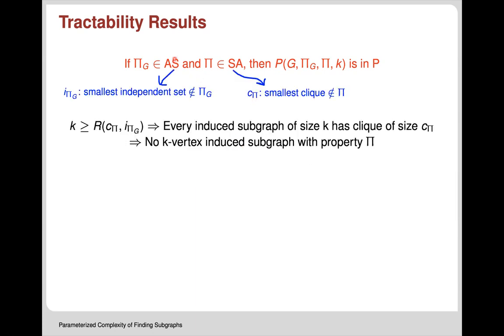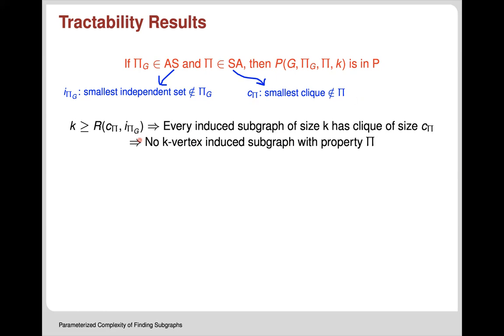How do we prove this? Let's say I(Π_G) is the smallest independent set which does not belong to the hereditary class Π_G, and similarly C(Π) is the smallest clique which does not belong to Π.